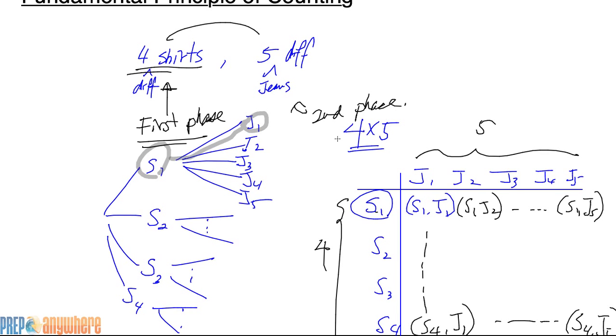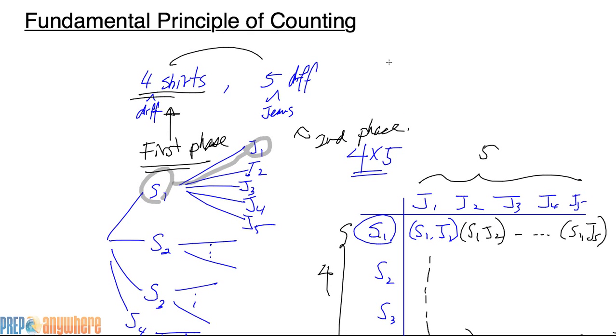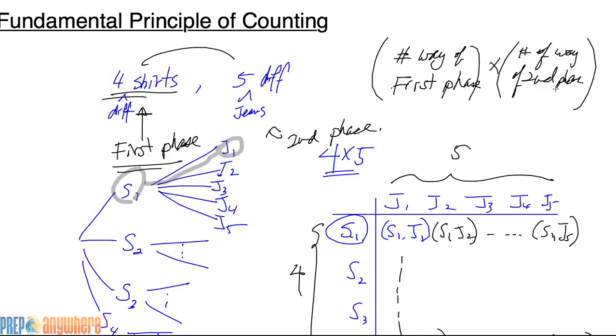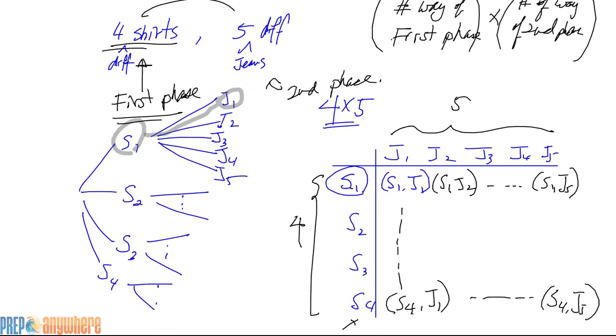What the fundamental principle of counting tells us is that to count the total number of ways of doing things, you count the number of ways of the first phase times the number of ways of the second phase. If there are more phases, for example different socks or hats or earrings, you just keep multiplying them. That's how we count things.